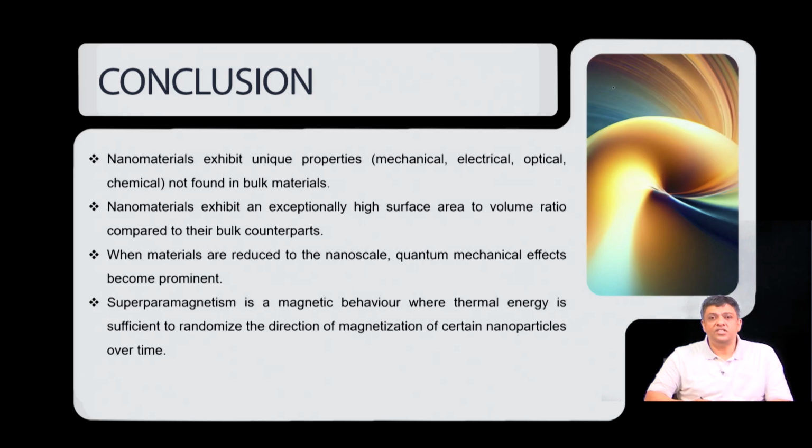The role of surface area to volume ratio, why it is so important, and what is the driving force behind the property modulation in nanomaterials. It is primarily the quantum mechanical effects, which we will discuss in coming lectures in detail.